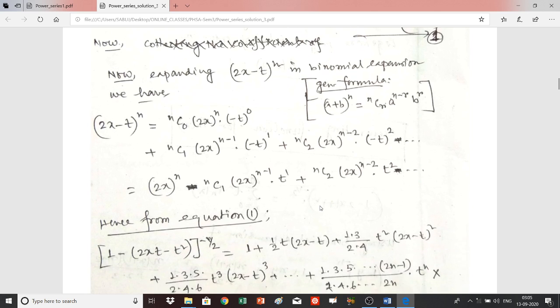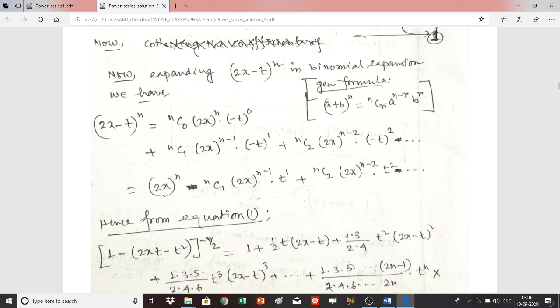Now come to the next line. You know that the value of nC0 is equal to n factorial by 0 factorial into n minus 0 factorial, so that is n factorial by n factorial, that means 1. So you get here this term is equal to 1, and this is equal to 2x to the power n, and t to the 0, that is 1.